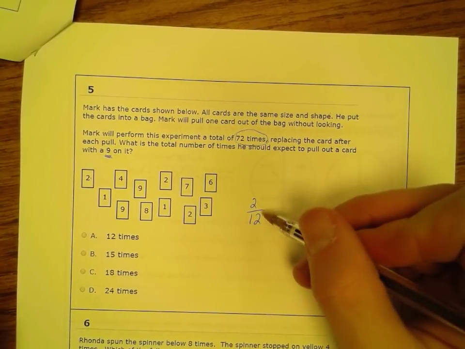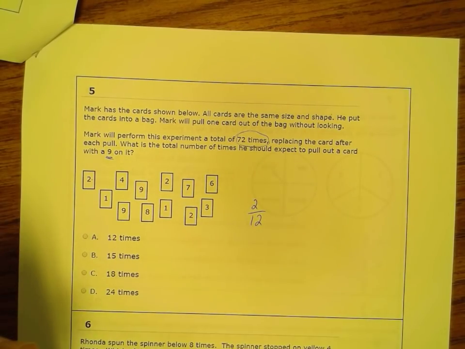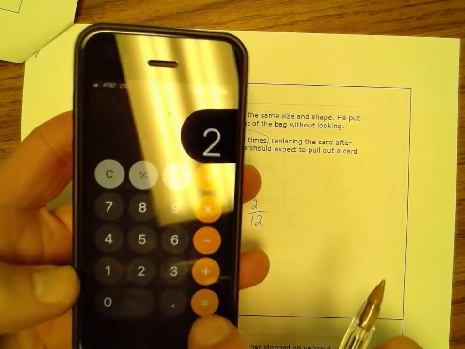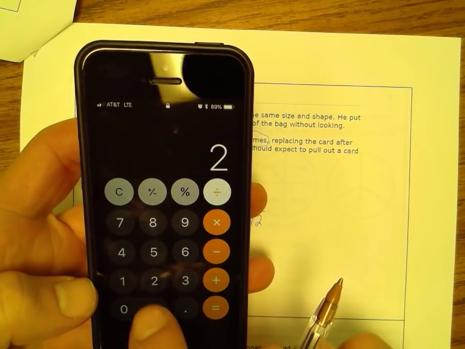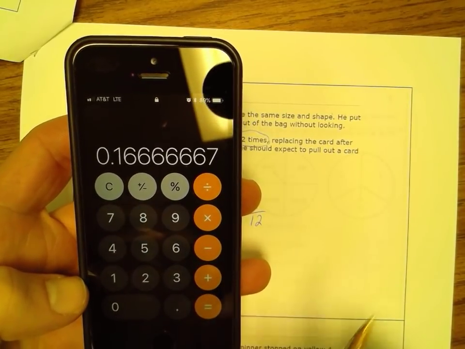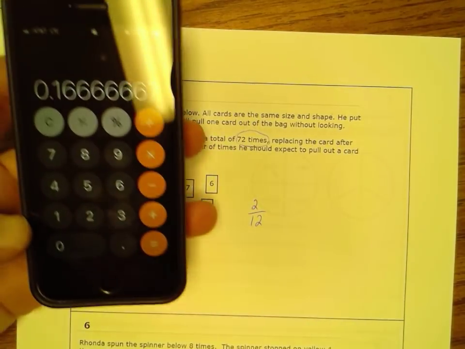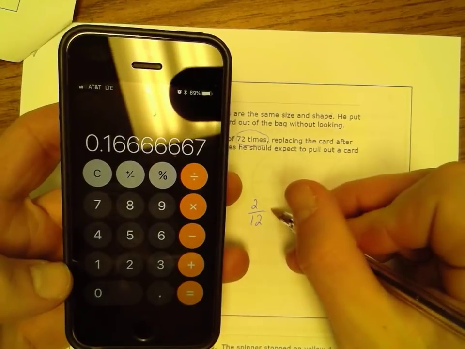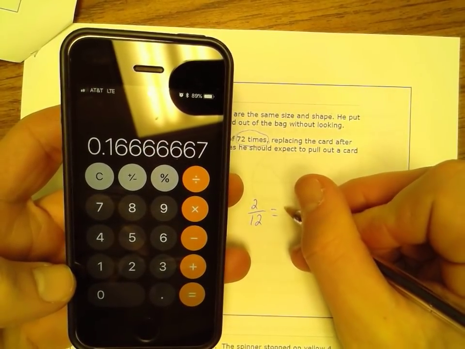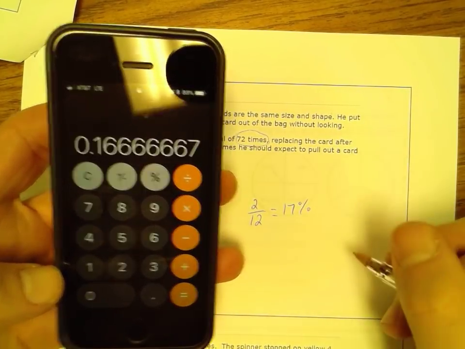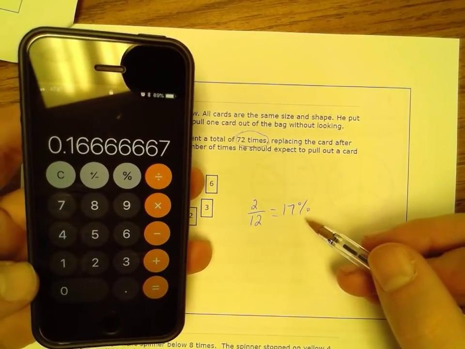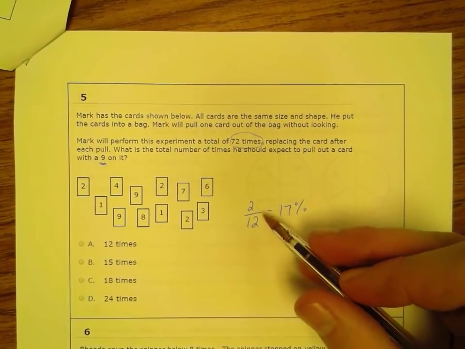So what I would do is 2 divided by 12 to get my percent probability, which is, we'll round up to 17%. So 17% of the cards are 9s.